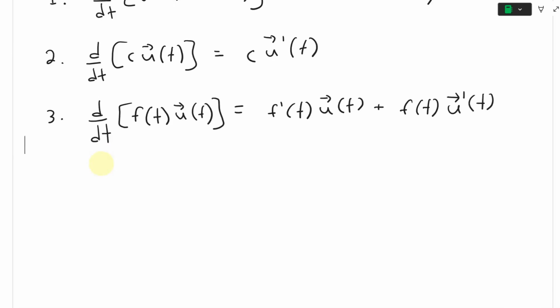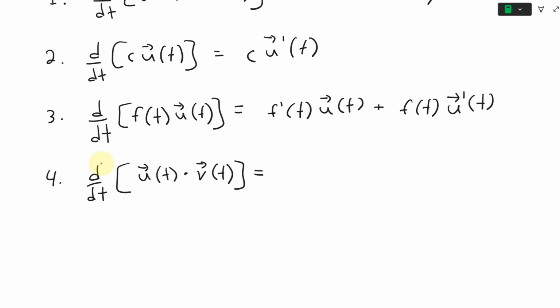Now the next one is number 4. This is d over dt, and this one is the dot product actually. If we have u of t dot v of t, it's very similar to the one above, just using the product rule.